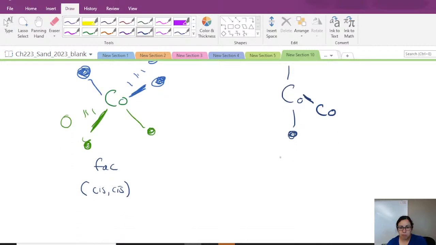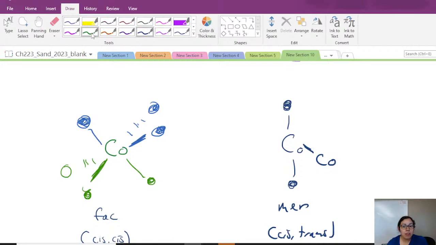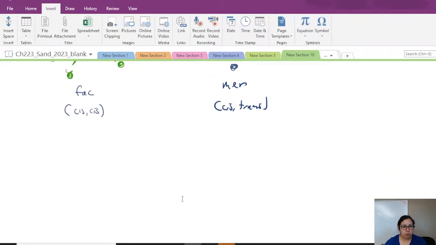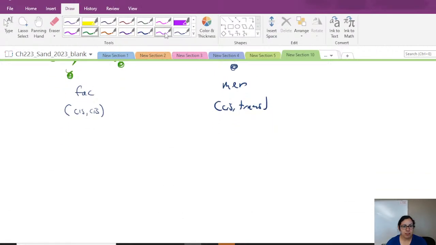So right now I'm just drawing the MER isomer, and so that's the cis-trans, but I still use those terms. So that's A, but those are different isomers versus the correct answer of C, where you just had 2 different chlorines.